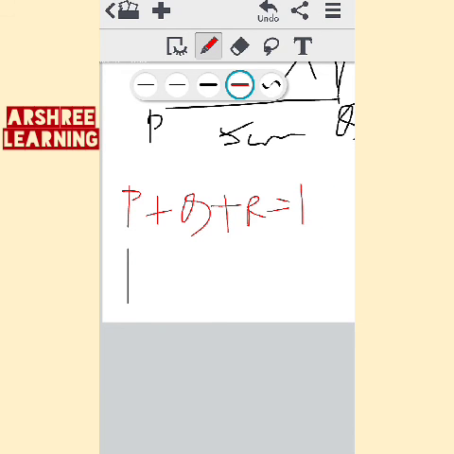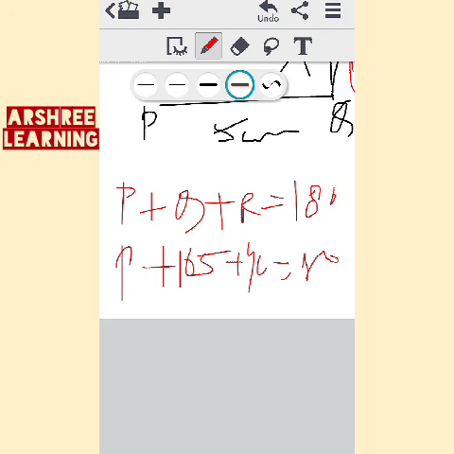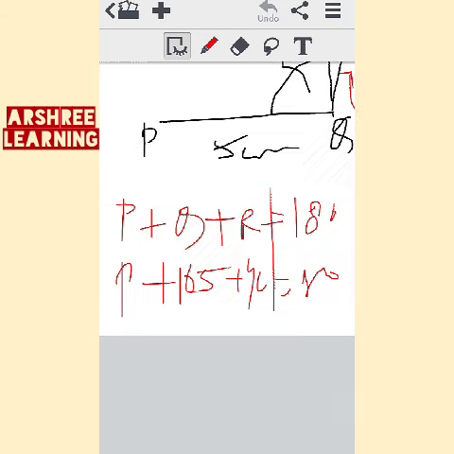Angle P is not given, but angle Q is given 105 and angle R is given 40 degree is equal to 180. So you will solve, find angle P and then you will construct angle P. So we need to find angle P.